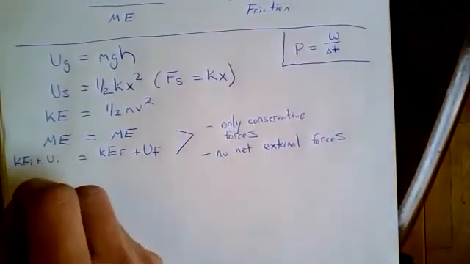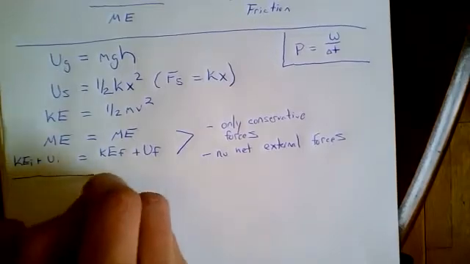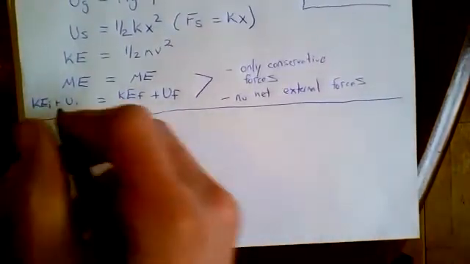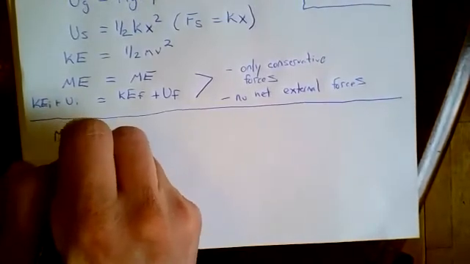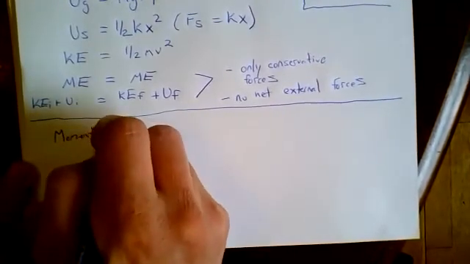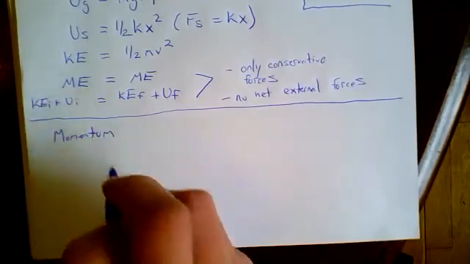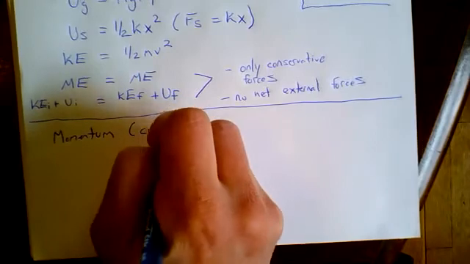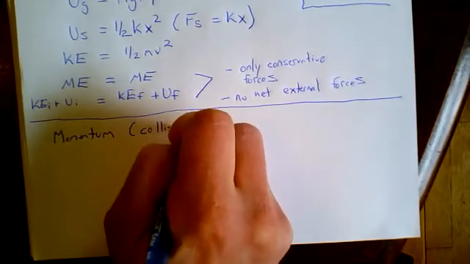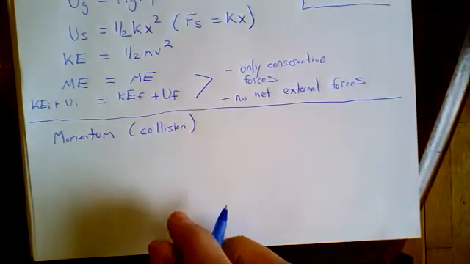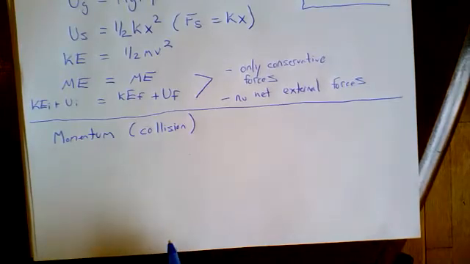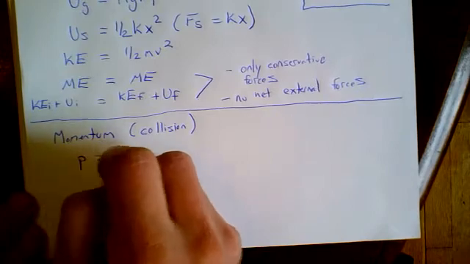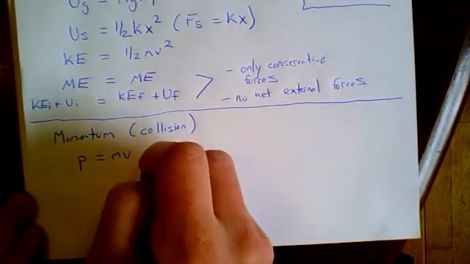Then let's do momentum together, because they really do fall in the same vein of things. When you're dealing with momentum, you always just want to think about this word: is there a collision? When things are colliding, you want to think momentum. So the equation is p equals mv.